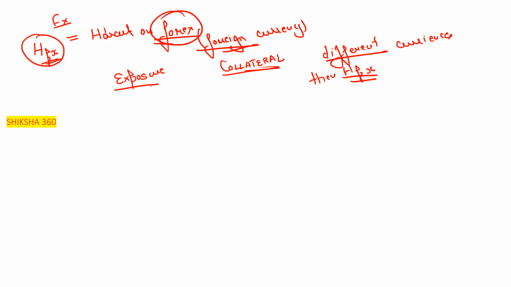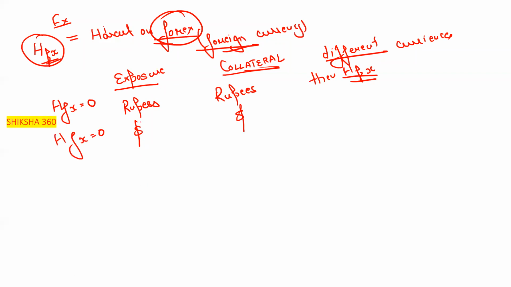Otherwise, if exposure is in rupees and collateral is also in rupees, then HFX is equal to 0. If exposure is in dollar and collateral is in dollar, then HFX is 0.